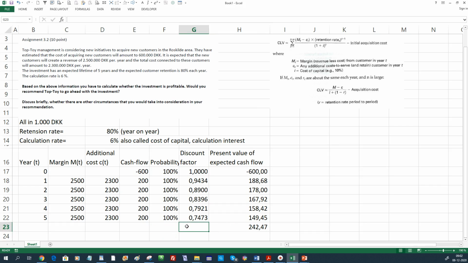And if you had your normal investment theory earlier, you call it net present value, that would be the term in normal investment theory. So here you would get richer by 242 if you make this investment, so it's a good idea to make it. Basically the question is, you compare this to 0, and if it's a positive number, then you would say the investment is profitable or recommendable or whatever you might call it.